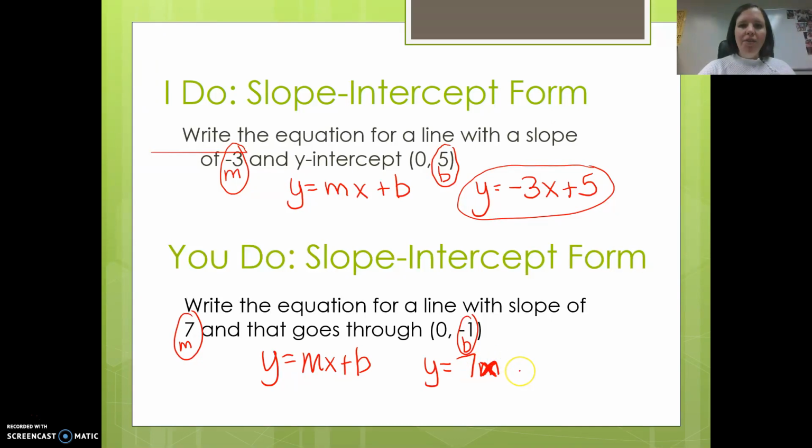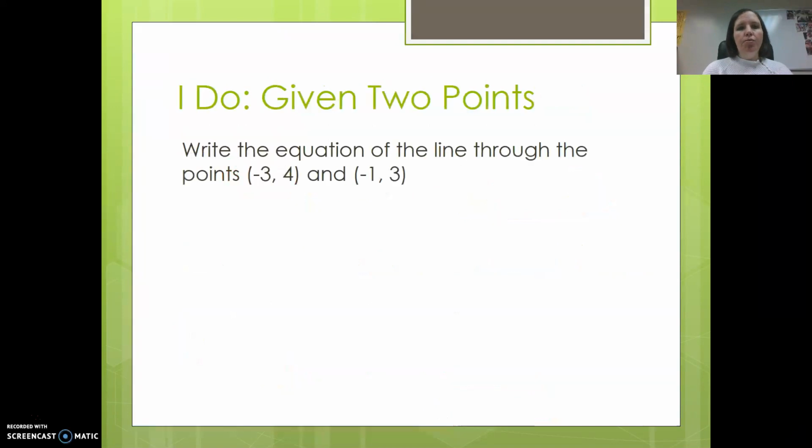Talking and writing is hard. And then plug in the b value. So this would be plus -1, so we can rewrite this as y equals 7x minus 1. Unlike with point-slope form, notice if you see a -1, then your value was -1. It's by the nature of the format for the equation, so there are no opposite values going on like with point-slope form.